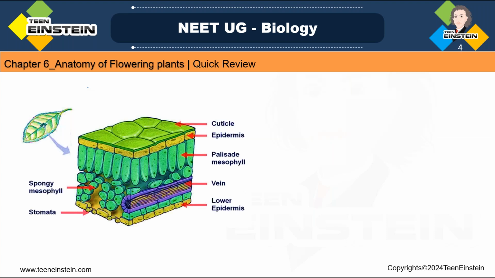So we have already learned almost all the concepts of this chapter, like meristematic tissues. The meristematic tissues means the dividing tissues. The classification also we have learned. Based on origin, it is classified into primary meristem and secondary meristem, right?